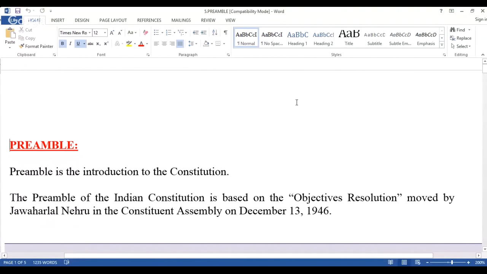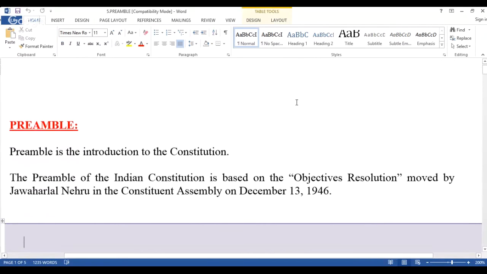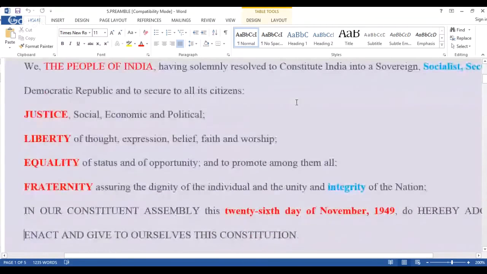Preamble is the introduction to the Constitution of India. The preamble of the Indian Constitution is based on the objectives resolution moved by Jawaharlal Nehru in the Constituent Assembly on December 13th, 1946. Okay, this is a known point. Now, you may please have a look at this.